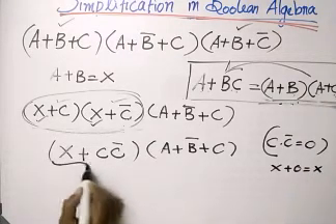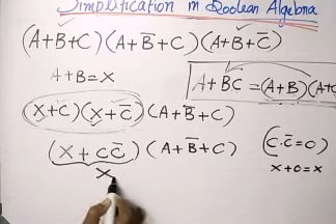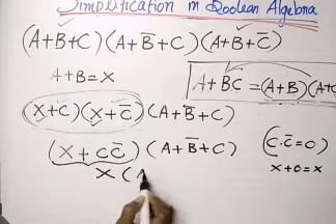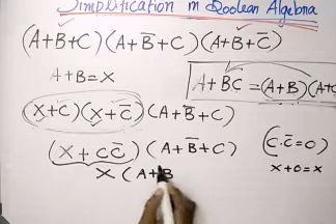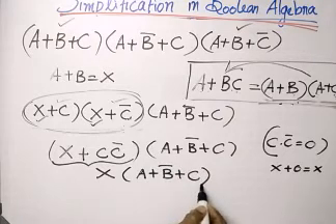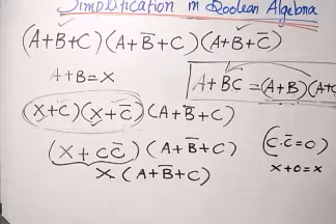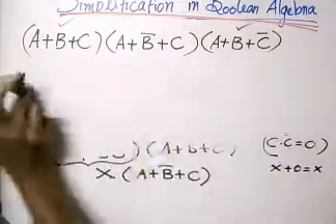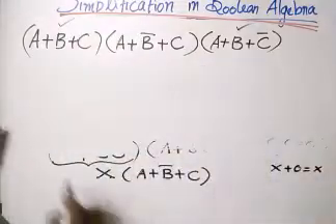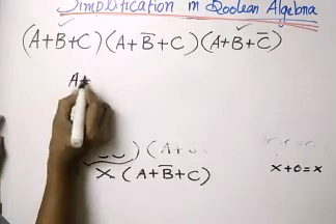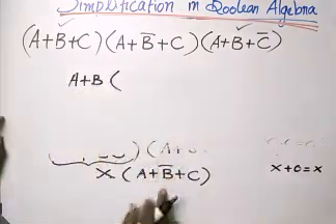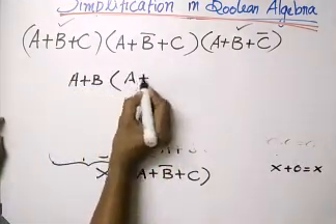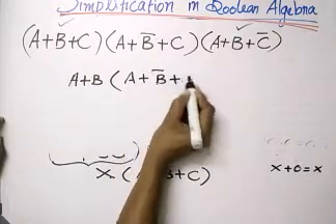So this is reduced to X. Then X into A or B bar or C. Now I am substituting for X. X is equal to A or B. Then the remaining term is A or B bar or C.